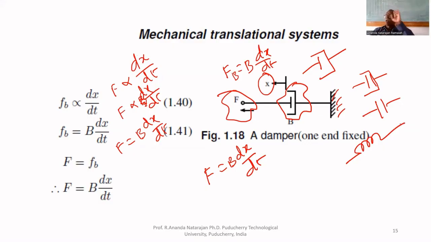This is not a separate spring. The mass has the property of spring. The mass has the property of dashpot. But you might have noticed this in a DC analog meter. There will be a coil. While drawing the coil in a circuit, you will draw the inductance in series with the resistor.